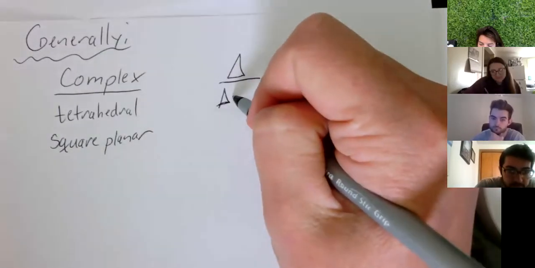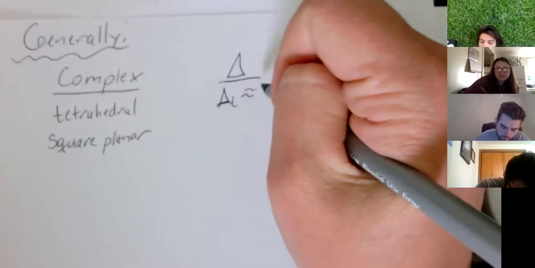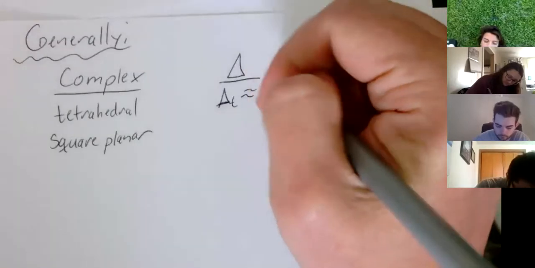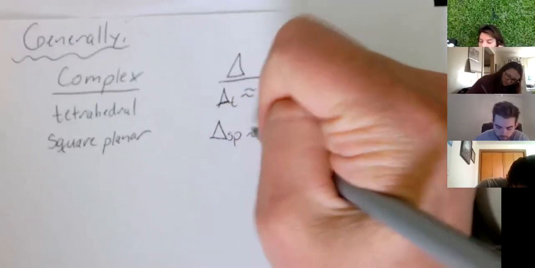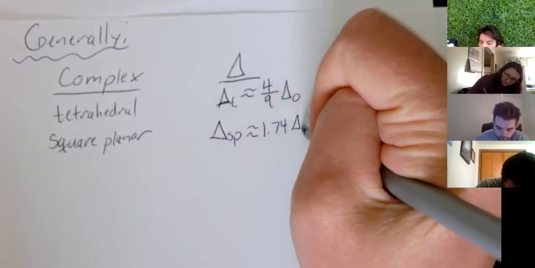Delta T. And square planar is SP, I'm assuming. Yep. Delta SP, and that's approximately 1.74 delta O.